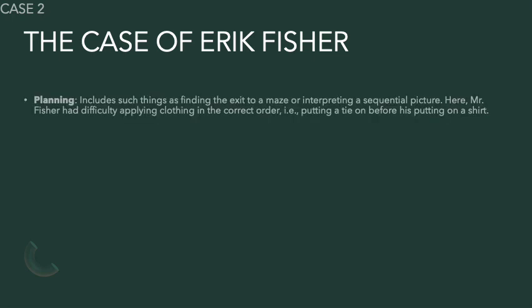Mr. Fisher appeared to have difficulties with a number of elements of executive function, which we'll now review. Planning includes such things as finding the exit to a maze or interpreting a sequential picture. Here Mr. Fisher had difficulty applying clothing in the correct order, that is, putting a tie on before putting on his shirt.